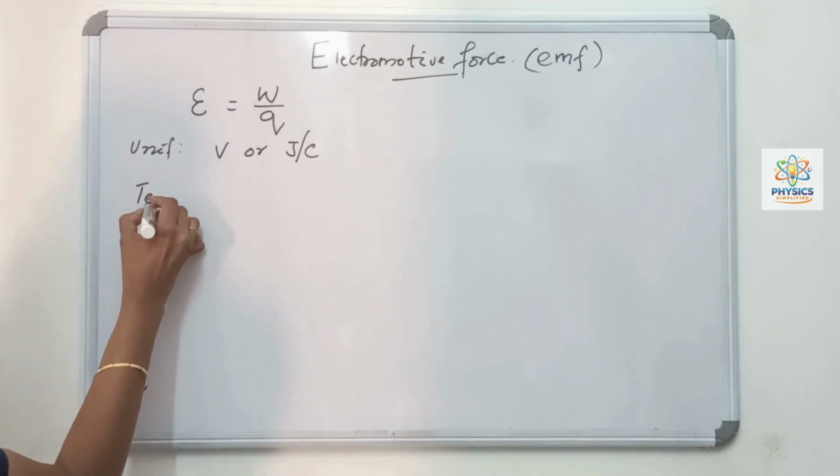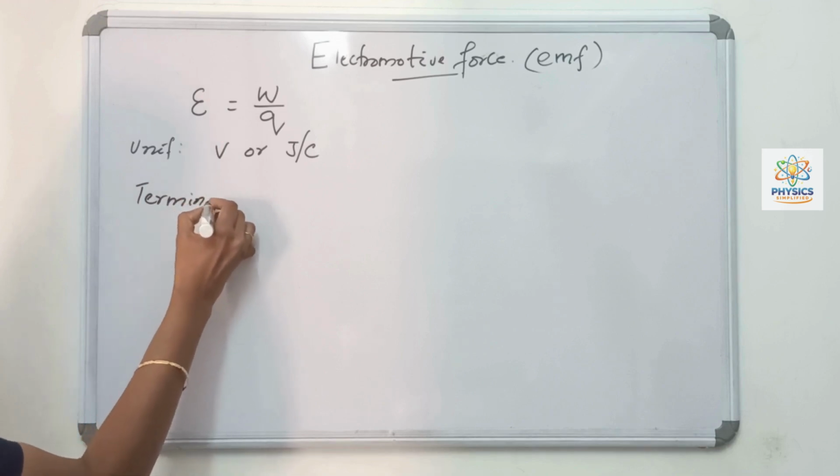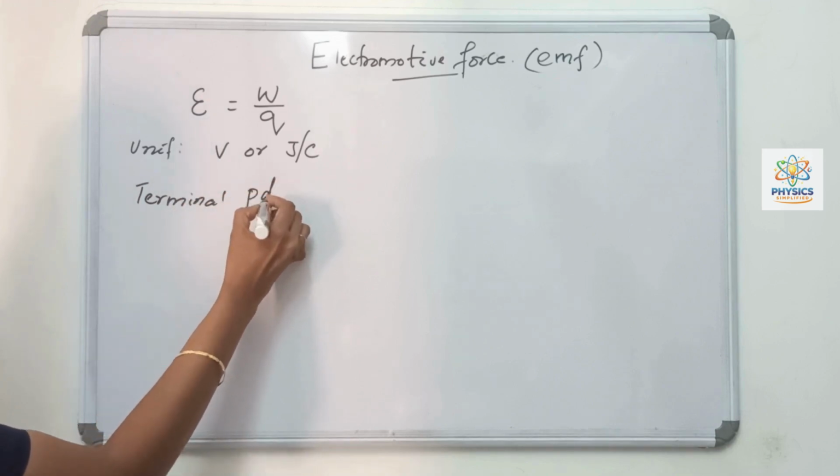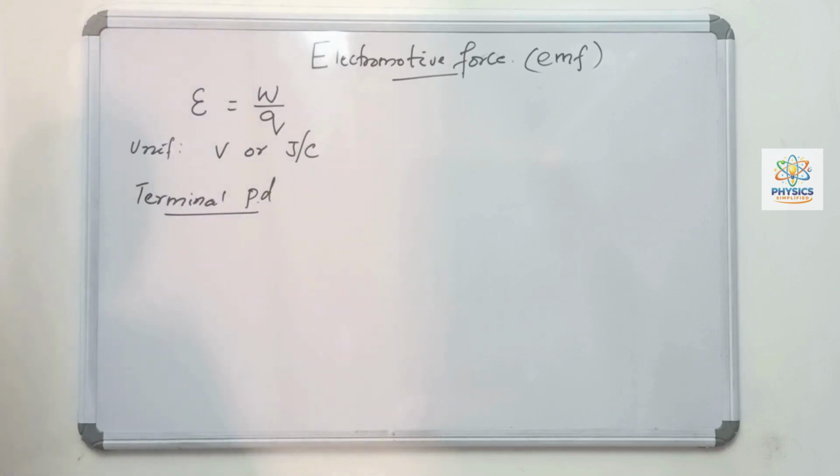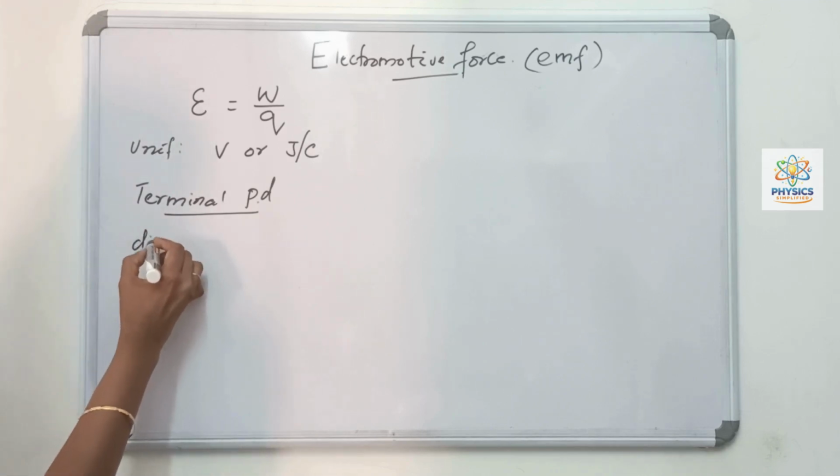Next, what is terminal potential difference? Terminal potential difference means it is the potential difference between the terminals of a cell when the circuit is closed.